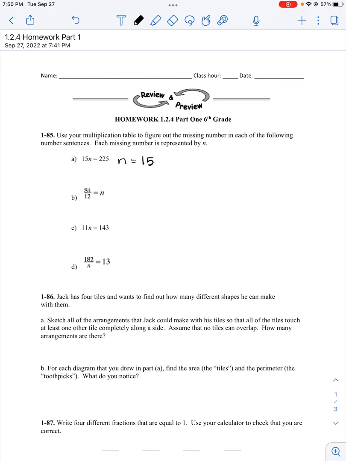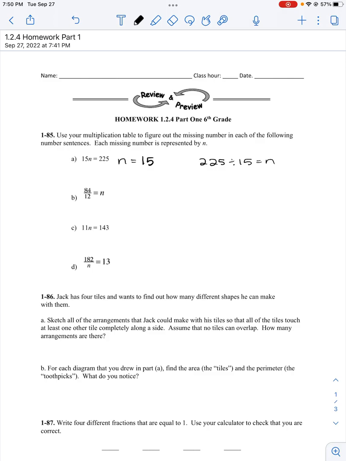I might not have my multiplication table with me. So what I can do is, well, 15 times a number is 225, so I can take 225, divide it by 15, and that will get me to my number, because I had to multiply my number to get to 225.